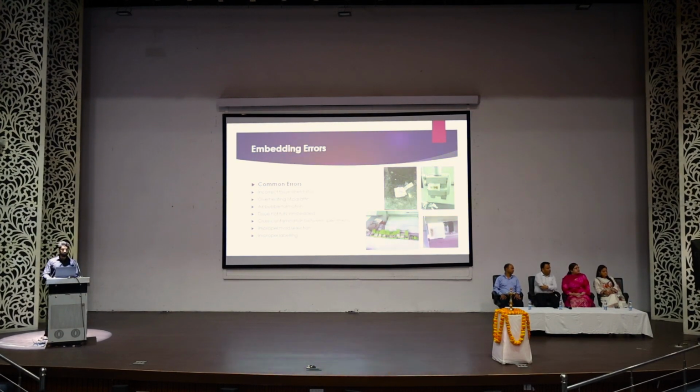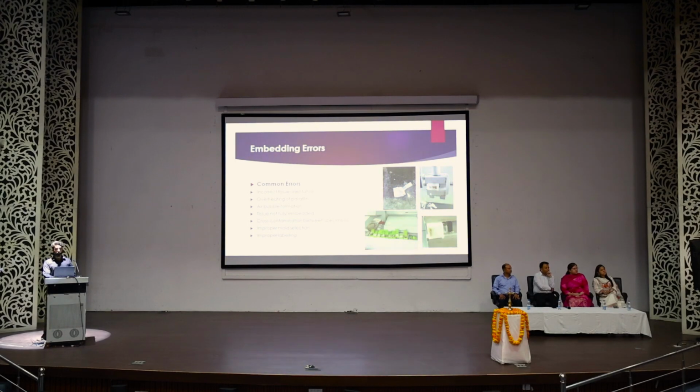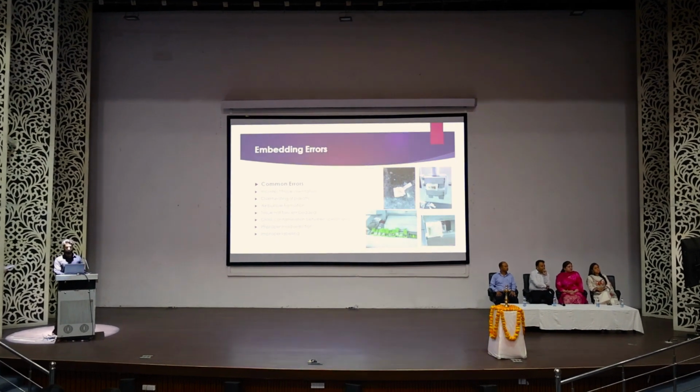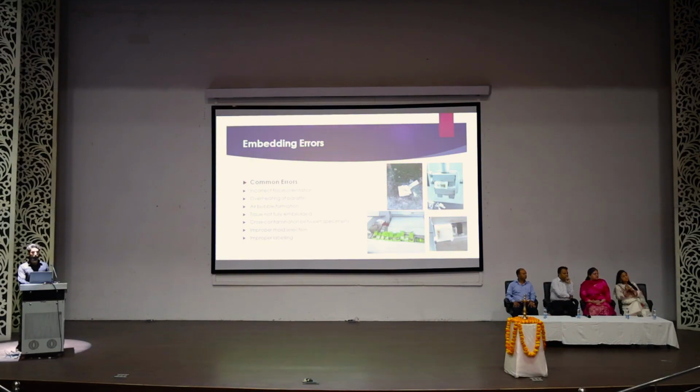The next challenge we face in embedding is cross-contamination between specimens. As you can see in the image, multiple plastic tissue cassettes are open at a time, and these are a few blocks. One block is folded, or set in the block holder. You can see the tissue has been embedded at one side of the block, and it is not an ideal position of a tissue to be embedded.